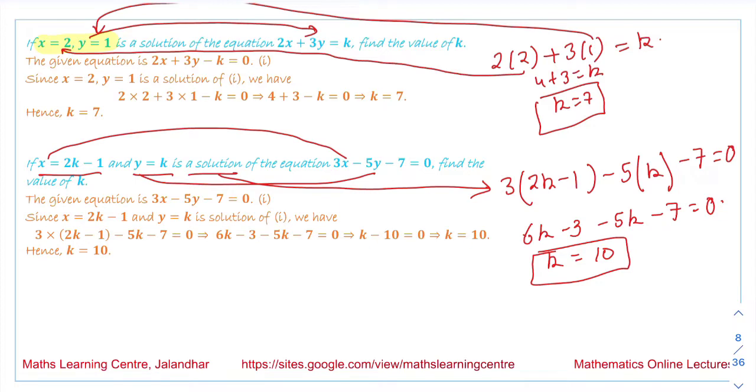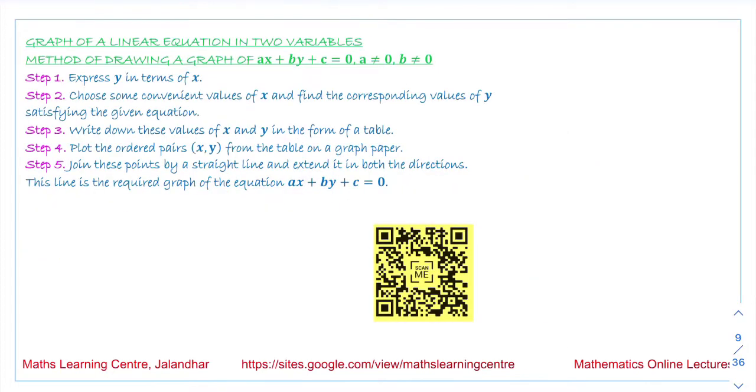Now next thing we have is we have to draw the graph of a linear equation in two variables. So basically we have to find the solution of linear equations graphically. So what is the procedure over here? If the equation given is ax plus by is equal to c, it is a linear equation in two variables, meaning a and b are not equal to 0.